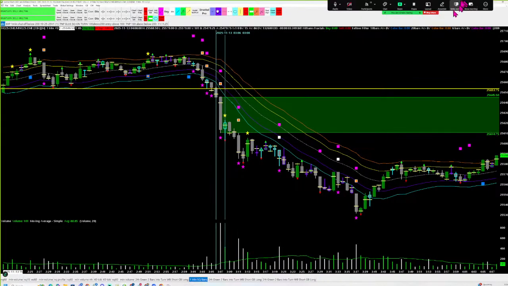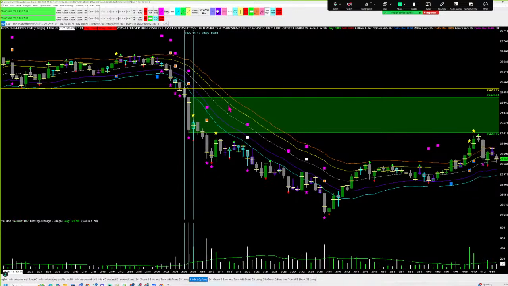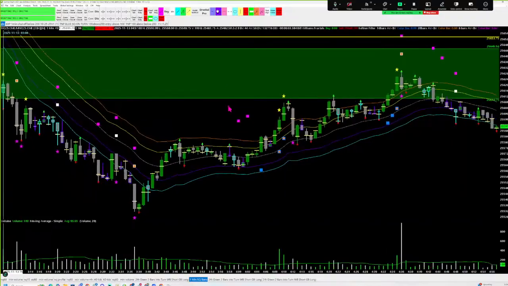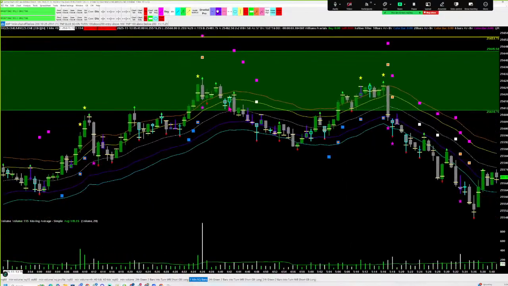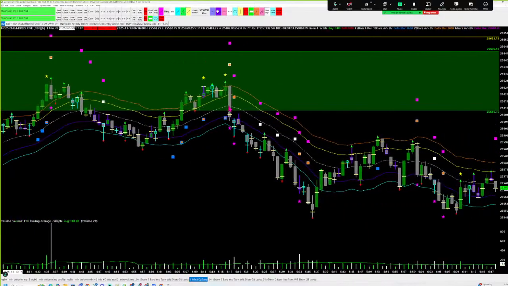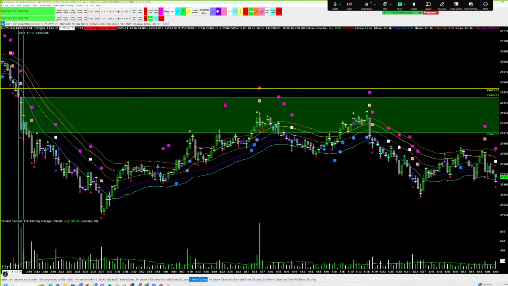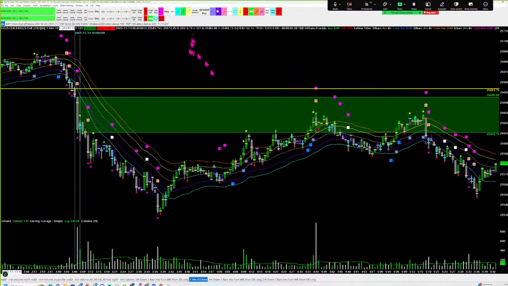So two things. See how I had this highlighted already right here? That was the biggest volume of the night. That's what caused that breakdown. Look what it did when you came up into it. See how that served as resistance all the way through there for this whole roll down? So that's number one. I don't know where the point of control was in there. It was up here.